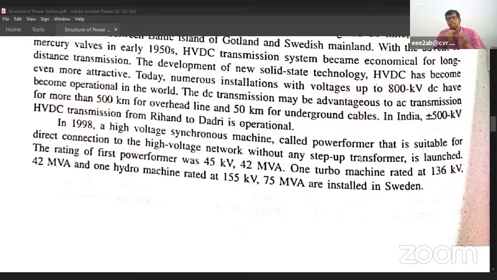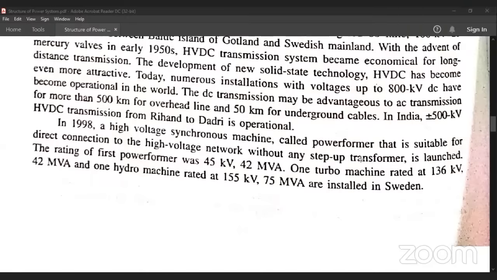So this is in detail about the history of power generation, how it is being transmitted, what the distance is, and what the year is.